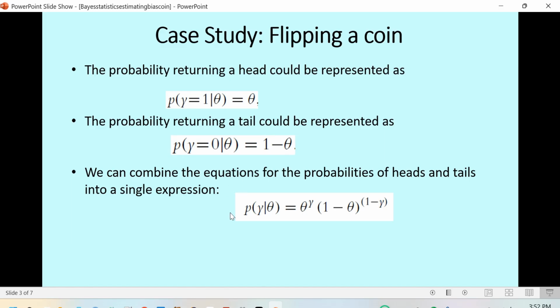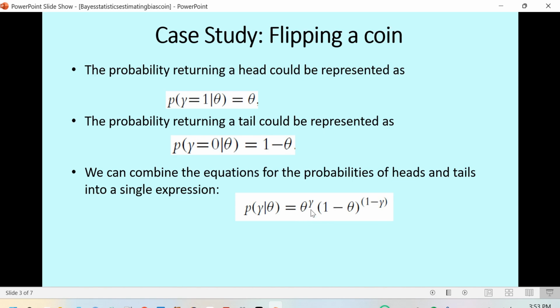And we can also combine these two and write them in one expression, which is very often used as the likelihood in statistics. We can write the probability of gamma given theta equals theta to the power gamma, times 1 minus theta to the power 1 minus gamma. So what does this mean?